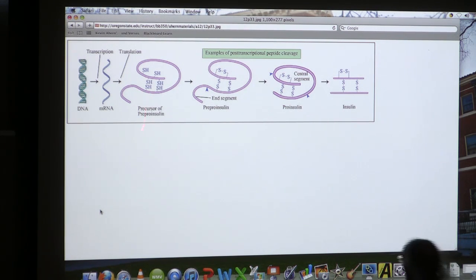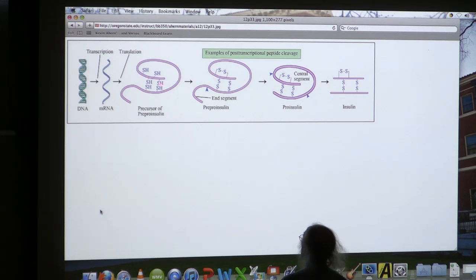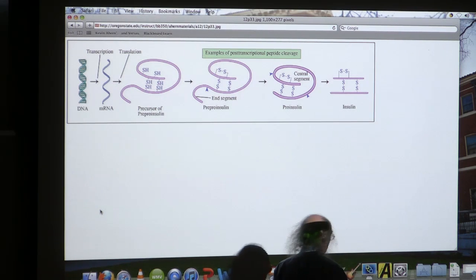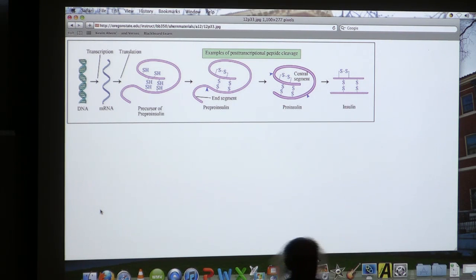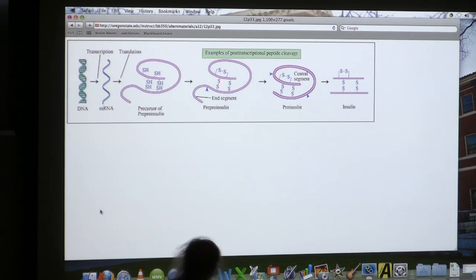Okay? So it's synthesized like this, and what's happening at this point is that the insulin protein is folding, and that folding is bringing together some sulfhydryl groups that make disulfide bonds, as you can see here. Those disulfide bonds turn out to be absolutely critical for the overall function of insulin, because in the next steps there's proteolytic cleavage that cuts in a couple of places. It actually cuts segments out.